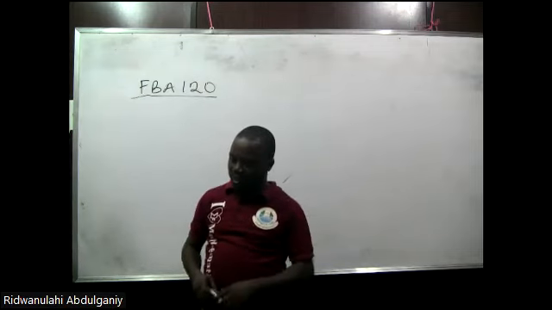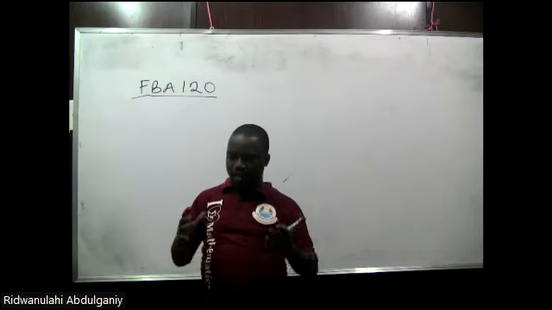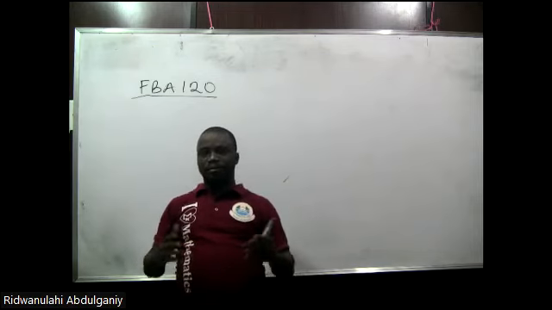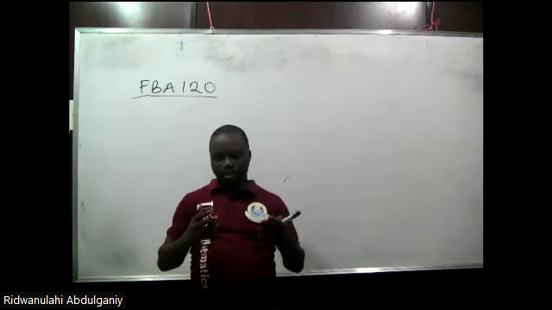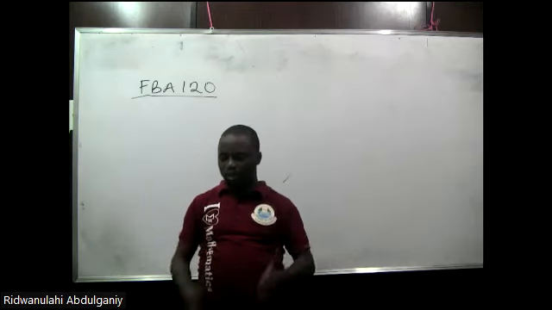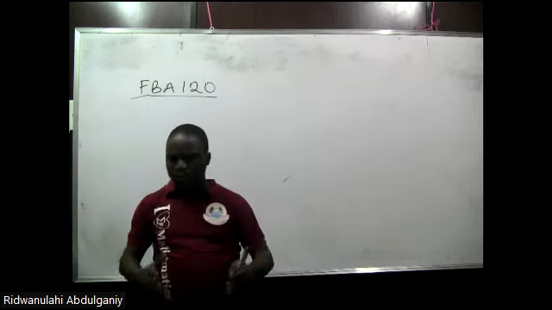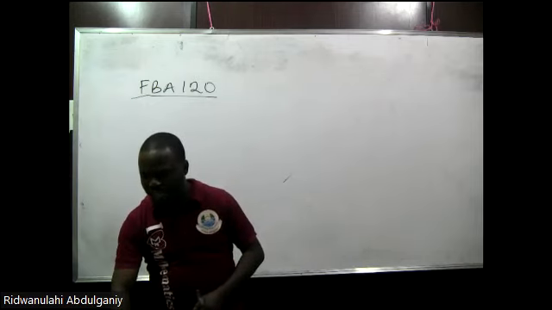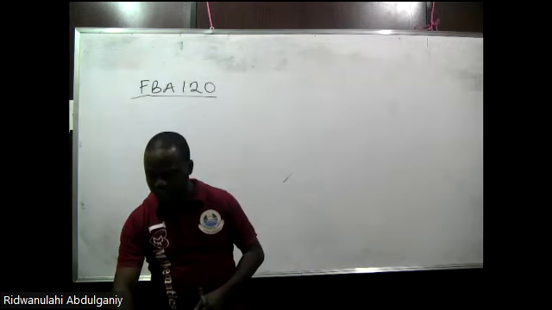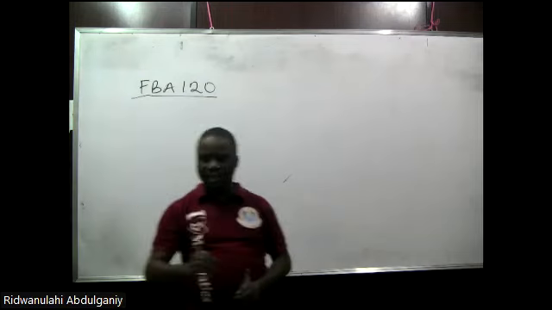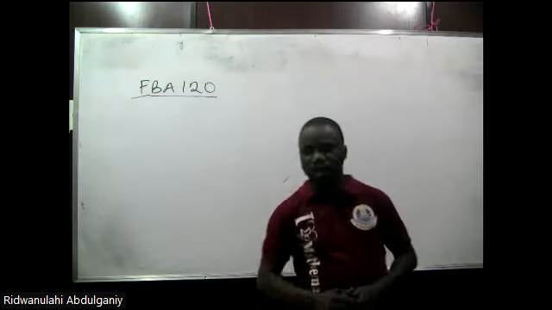So far in this class, we have looked at polynomial. What is polynomial? The degree of polynomial, the coefficient of polynomial. And we have also looked at how we add polynomials together. I did mention that the reason for all this is to ensure that we understand the concept of polynomial before we start differentiating polynomial.